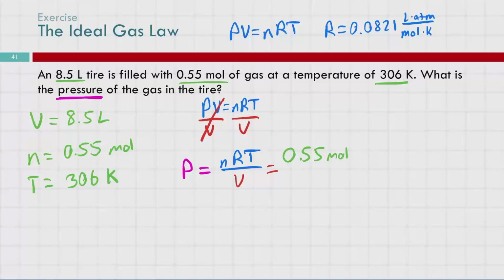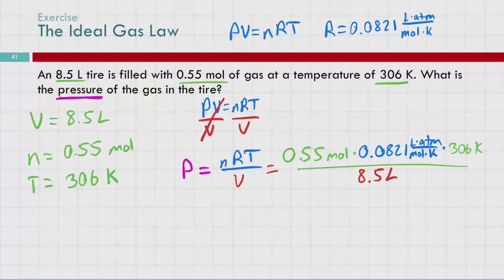So 0.55 moles times R, times 306 Kelvin, divided by our volume, 8.5 liters. We go through on a spree, crossing things off, and atmospheres are left over.